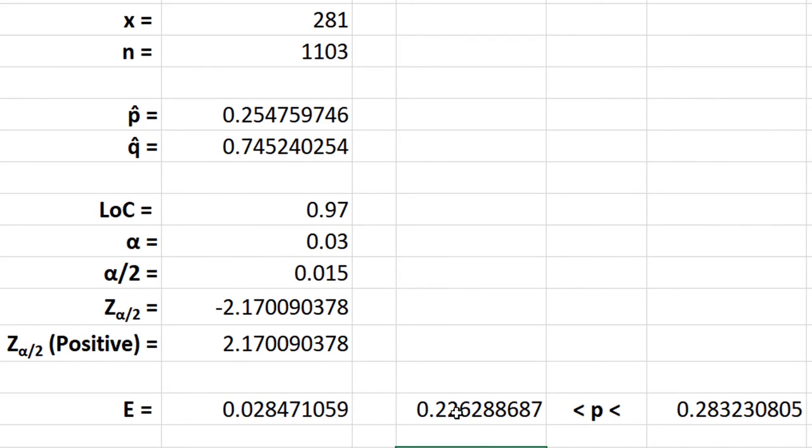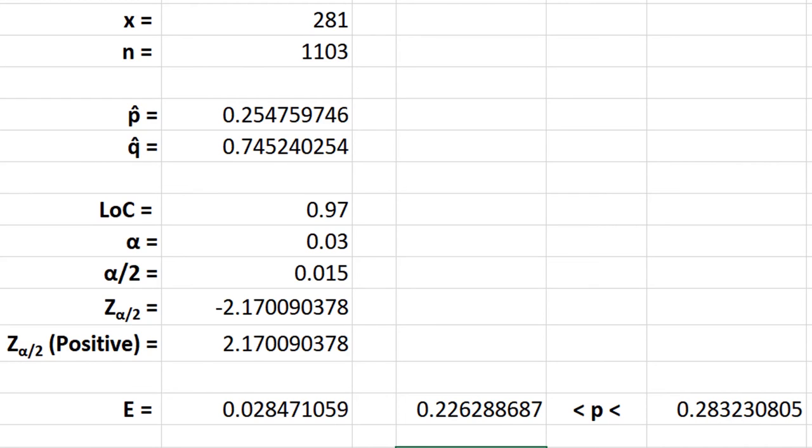If I were to interpret this result, it would mean that we can be 97% confident that the population proportion of those that believe the sun circles around the earth is somewhere between 0.2262 and 0.2832.